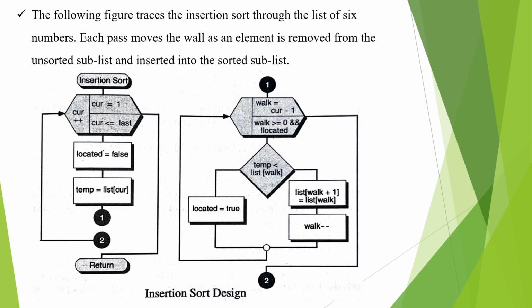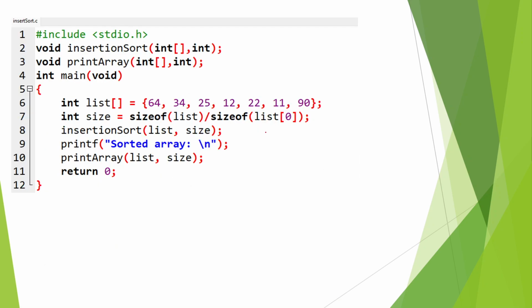So this is the flow chart, and here this current will act like an imaginary wall between the sorted sublist and unsorted sublist, and every time using this logic we are picking one item from the beginning of the unsorted list, identifying the best or appropriate location in the sorted sublist, and placing that item into the sorted sublist. This is the flow chart, and after this we have the code.